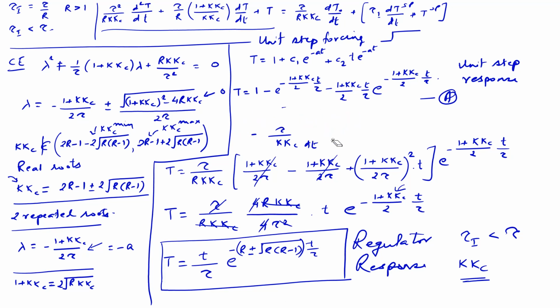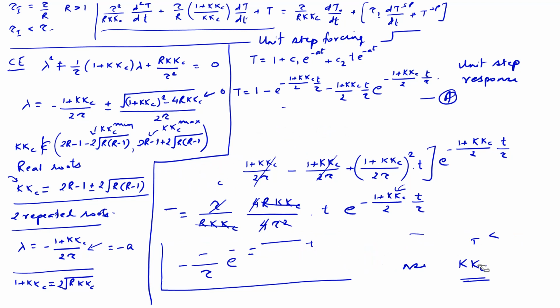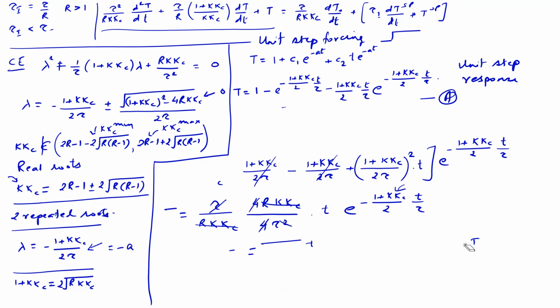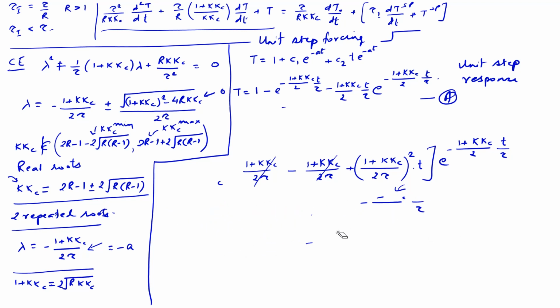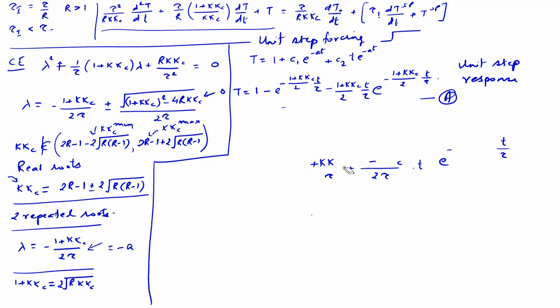So now to get the servo response, what we will have to do is tau I times the derivative of the unit step response plus the unit step response. That's what we have to do.